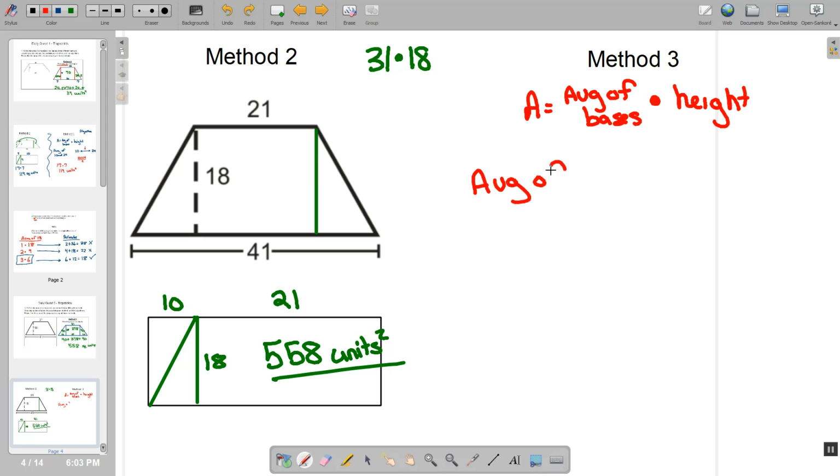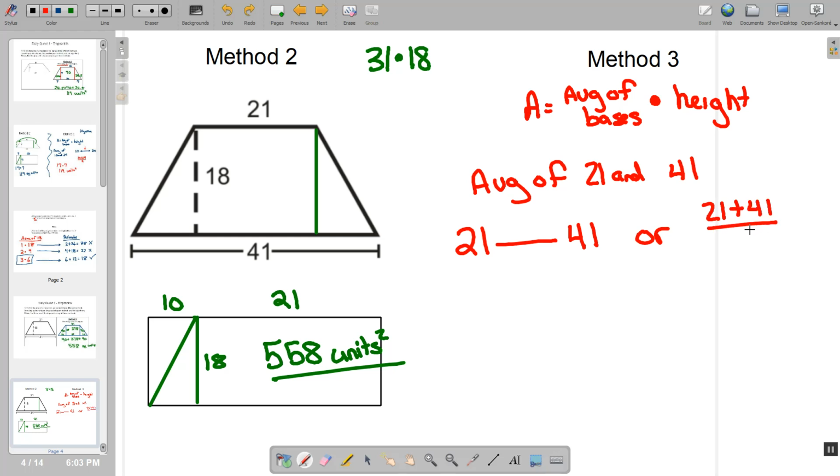And so if we're doing the average of 21 and 41, the two ways to think of that are either what number is halfway between 21 and 41 on a number line, or you could do 21 plus 41 and divide that answer by 2.